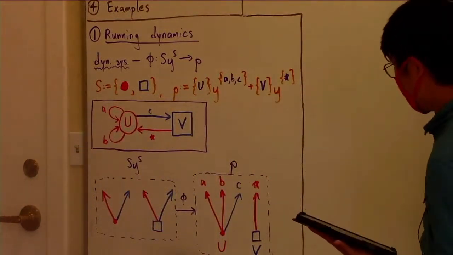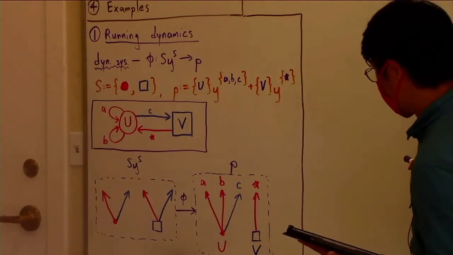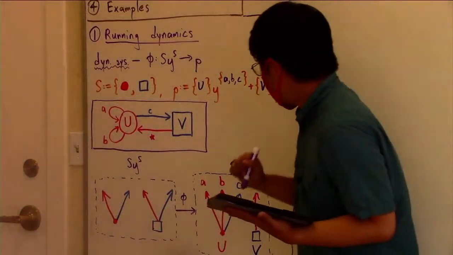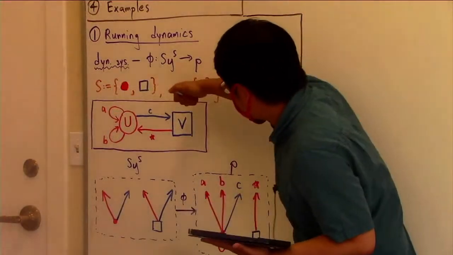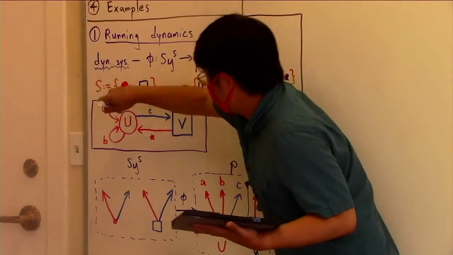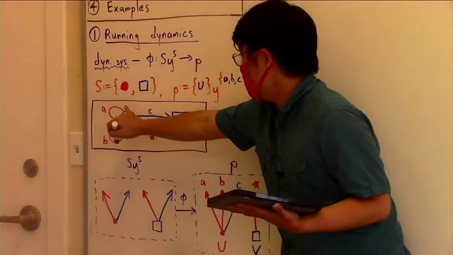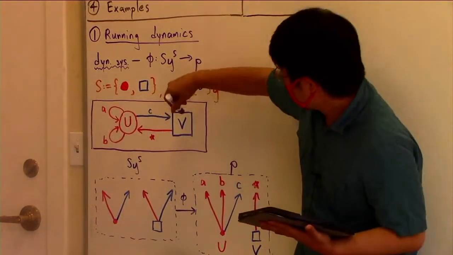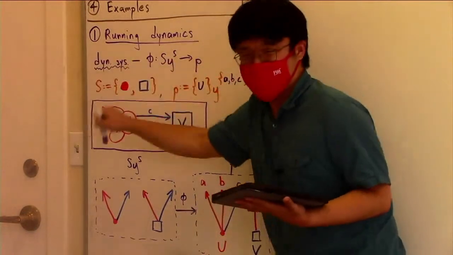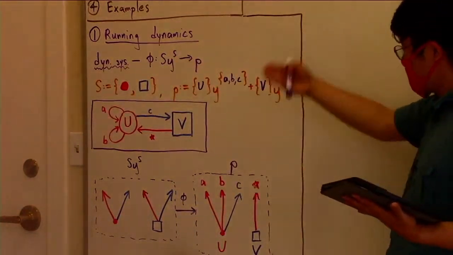Okay. And now we can also draw this as our Corolla picture, right? So we have the system where you can start at the red circle, output U, maybe input C. You're at this blue square, output V, input star, and then so on. You can sort of traverse the system like this.